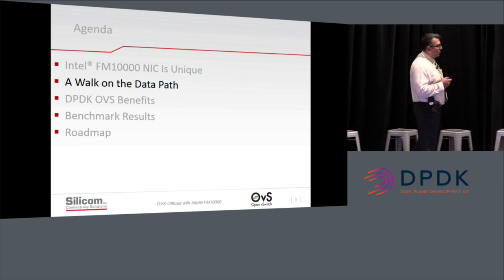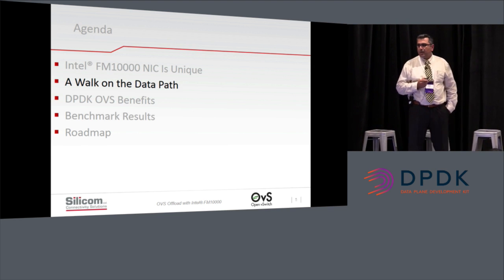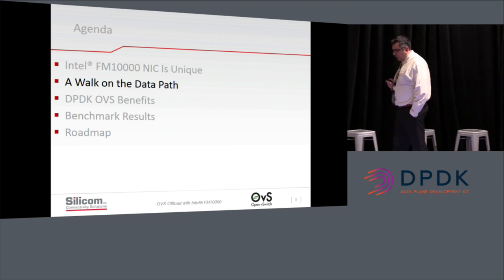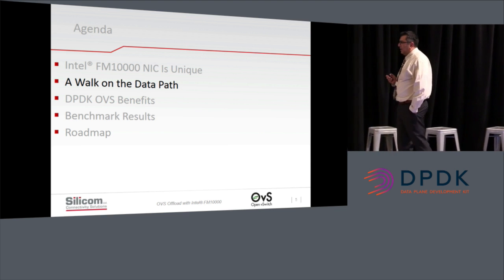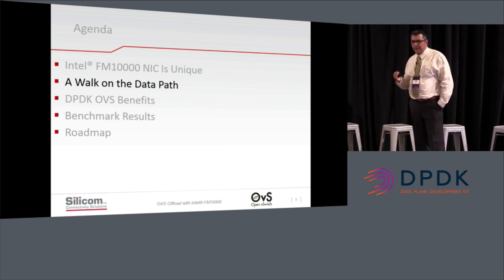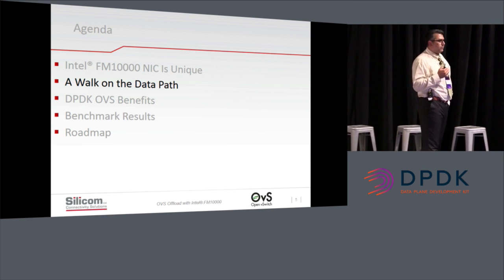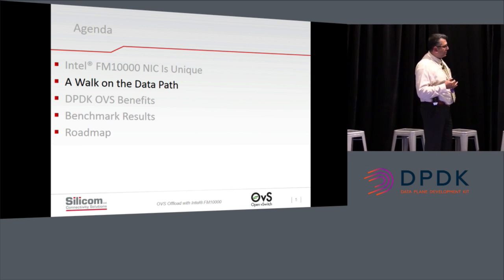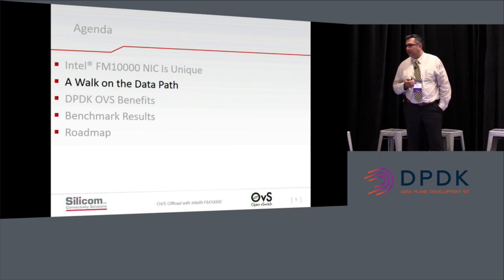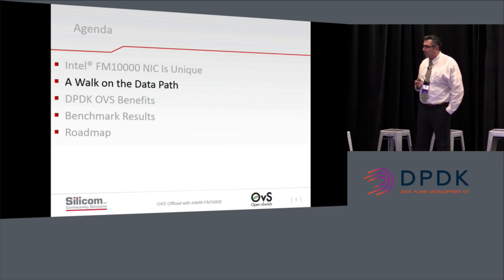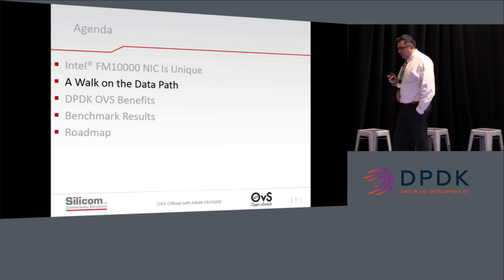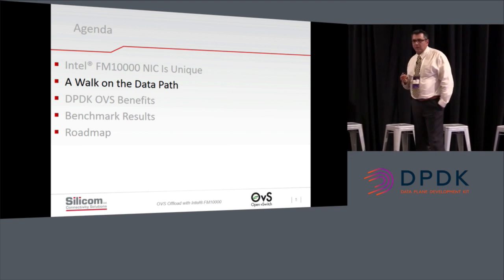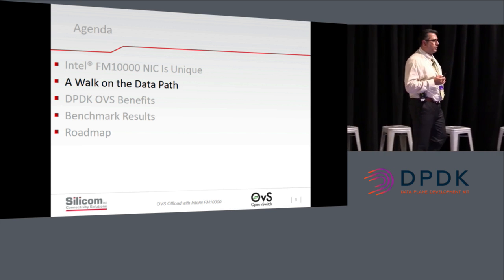This device holds 4 by 10 external links and one single 40 gig host interface, and we've tried to see how we could create a data path that would exploit the benefits of SR-IOV on the PCI front, but still would not hamper the flexibility of the virtual switching tools.